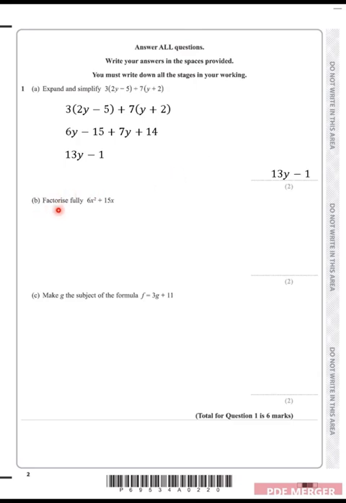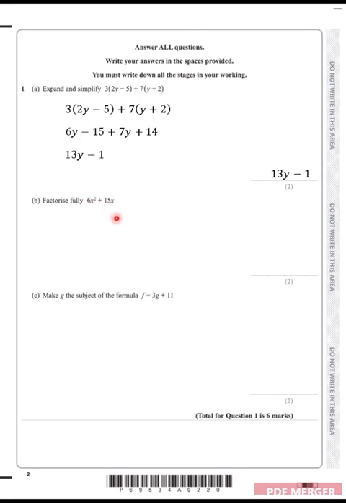Part B, factorize fully 6x squared plus 15x. To factorize, we need to work out what's common in both of these expressions. As you can see, between 6 and 15, 3 is common to both, because they're multiples of 3.